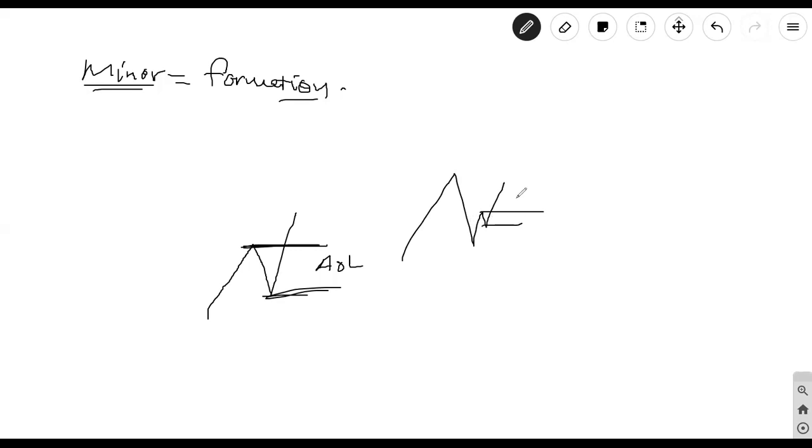Now the shift is we can use formation as entry or as area of liquidity. The difference is, if you want to use formation as an area of liquidity, it must have a very high risk, or it is in the higher time frames.